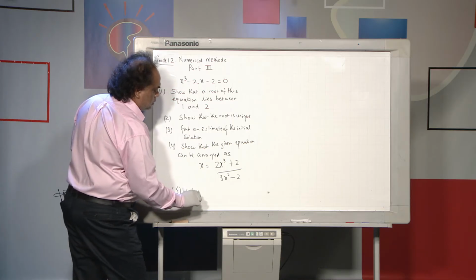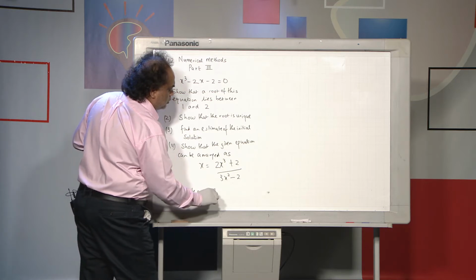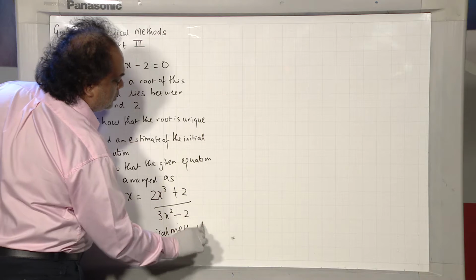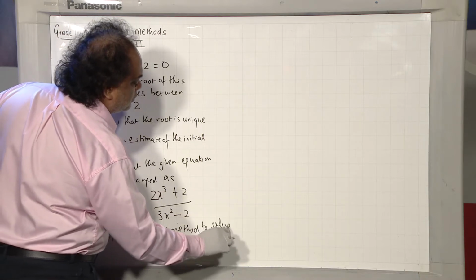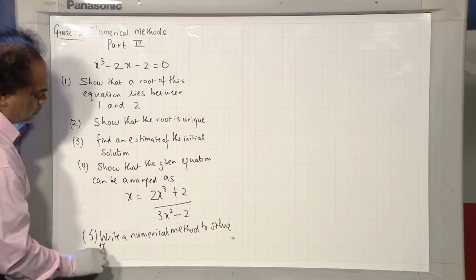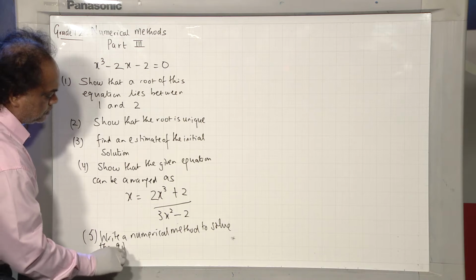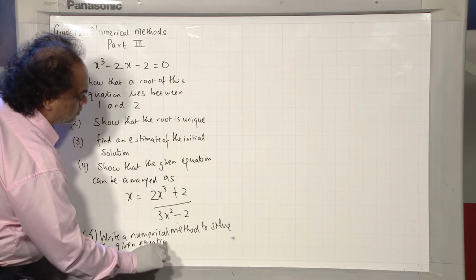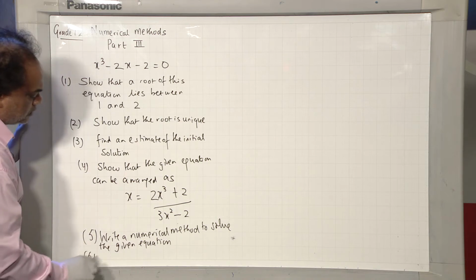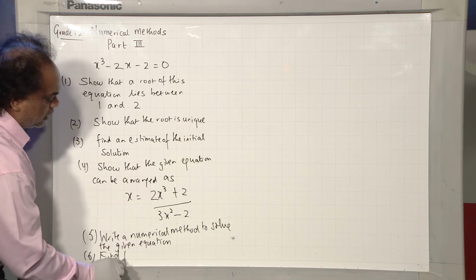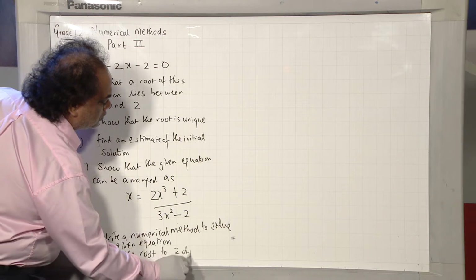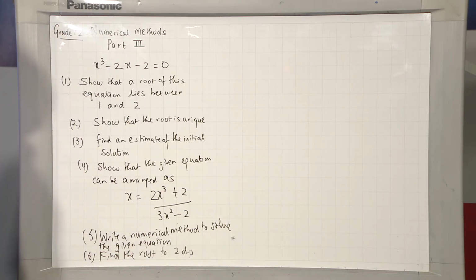Fifth, write a numerical method to solve the given equation. And finally, find the root to 2 decimal places.